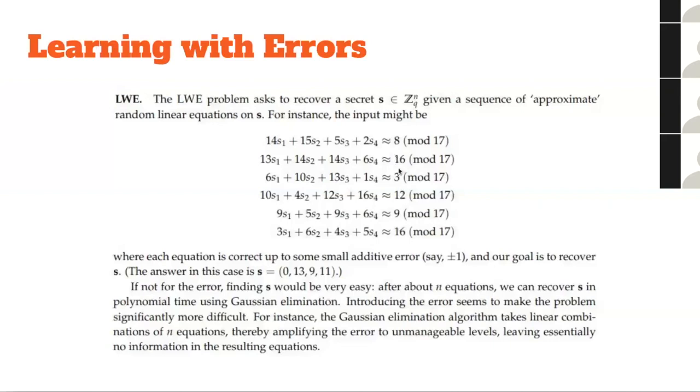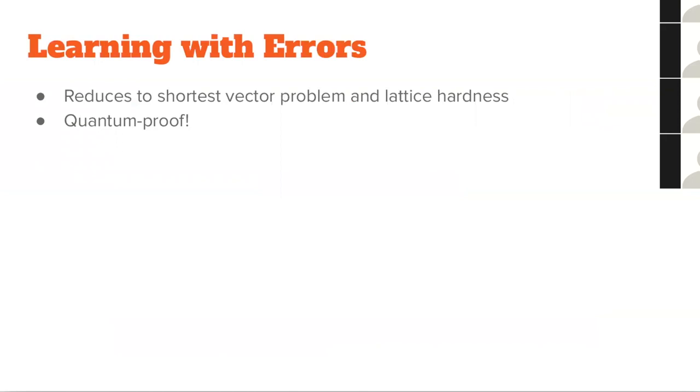But if you have approximate equations, even if the system is really overspecified, that have a small additive error, then finding any of the variables becomes very hard, right? So solving systems of linear equations where the outputs have errors in them is something which is hard, and as far as we know, is quantum hard.